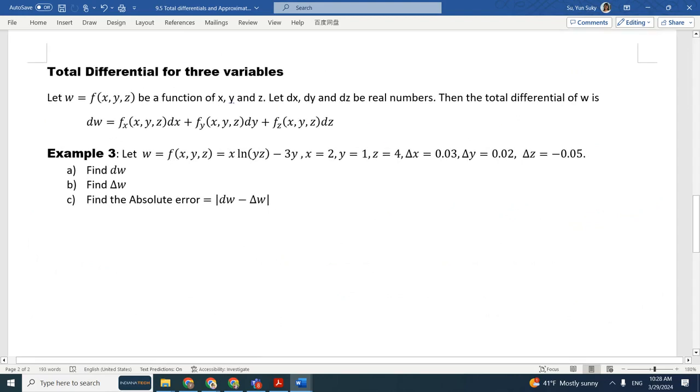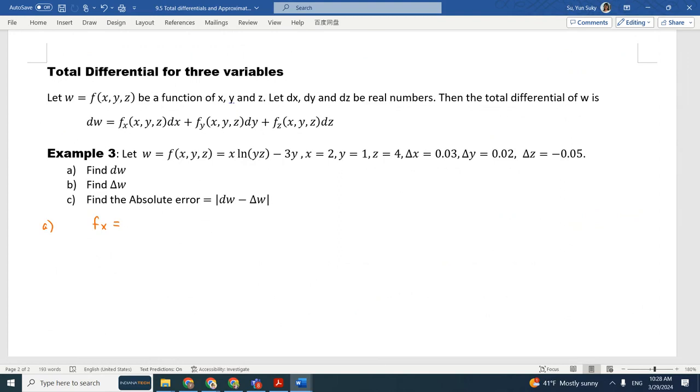Now let's do it together, and you tell me the answer one by one. So part A, let's find fx first. Derivative with respect to x. Look at the first term. What is that?